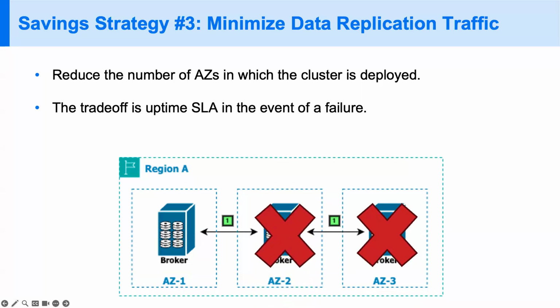But the trade-off is, as you start removing these AZs, you're potentially going to have significant downtime if one of those two AZs goes down. You're putting a lot of eggs in one basket, and you could really miss your SLAs as far as uptime is concerned. So generally, we don't recommend that, but you can minimize that data replication traffic if you really want to optimize on savings.